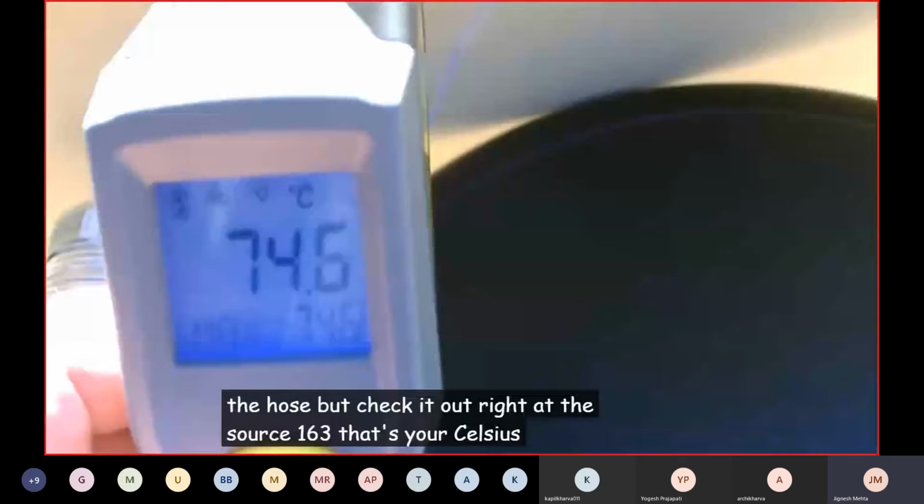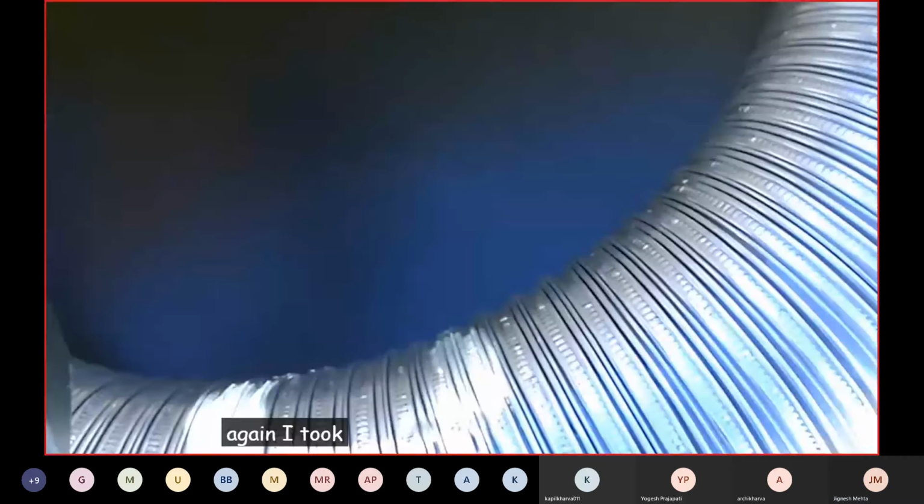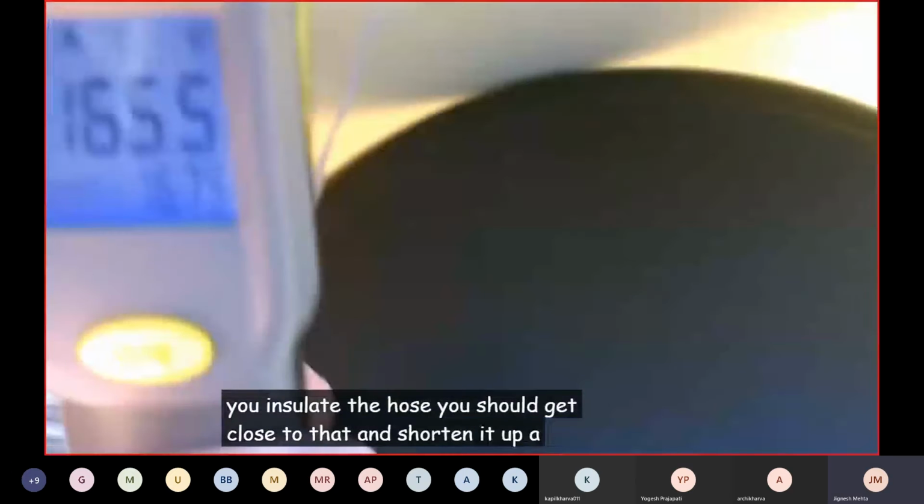Mid-January, coldest time of the year for us. Holy smokes, that's beautiful. Again, I took the hose off just temporarily. But if you insulate the hose, you should get close to that and shorten it up a little bit.